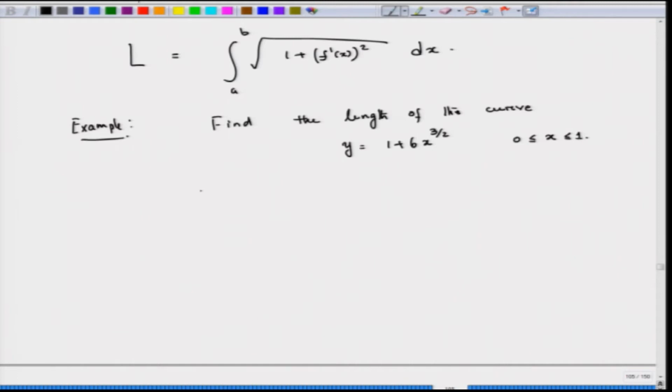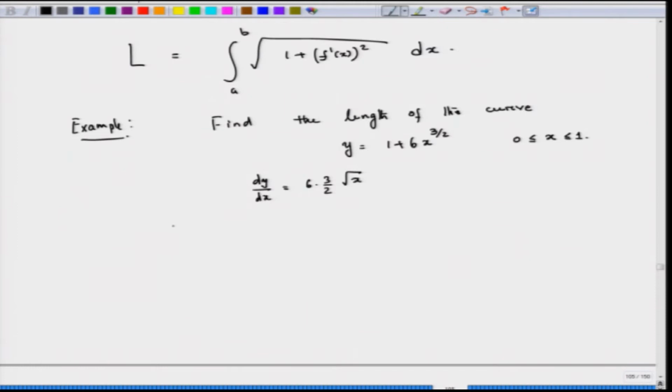Now, what is our f of x? f of x is equal to 1 plus 6 x to the power 3 by 2. Therefore, f prime, or dy by dx, is going to be 6 into 3 by 2 into the square root of x.